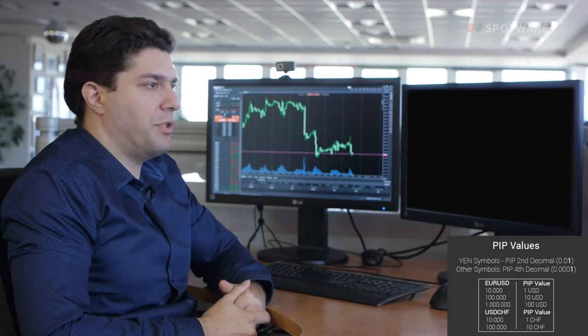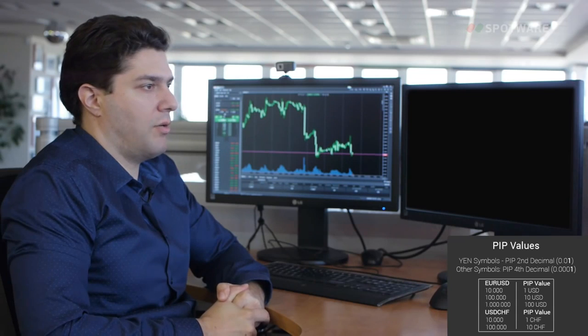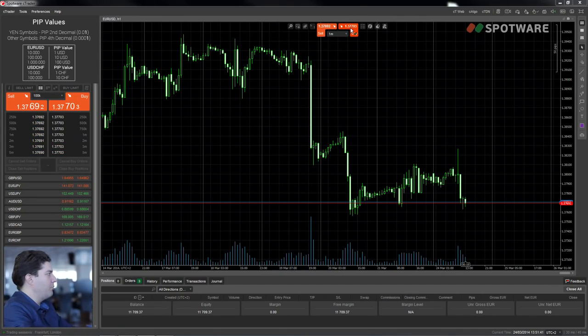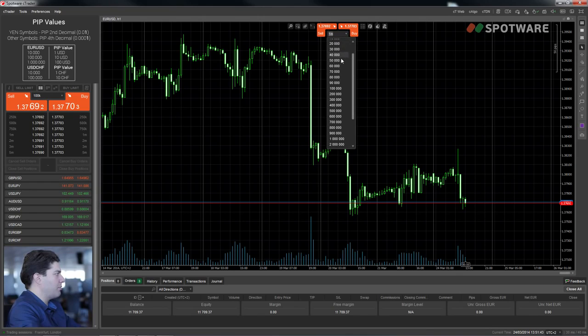However, if the trader says to another trader that he made 50 pips from a trade, the other trader can understand exactly how much of the exchange rate the first trader got for his own benefit. So let's go to cTrader, where I'm going to show you using an example what exactly I meant with the pip. So let's create a new order here with 100,000.